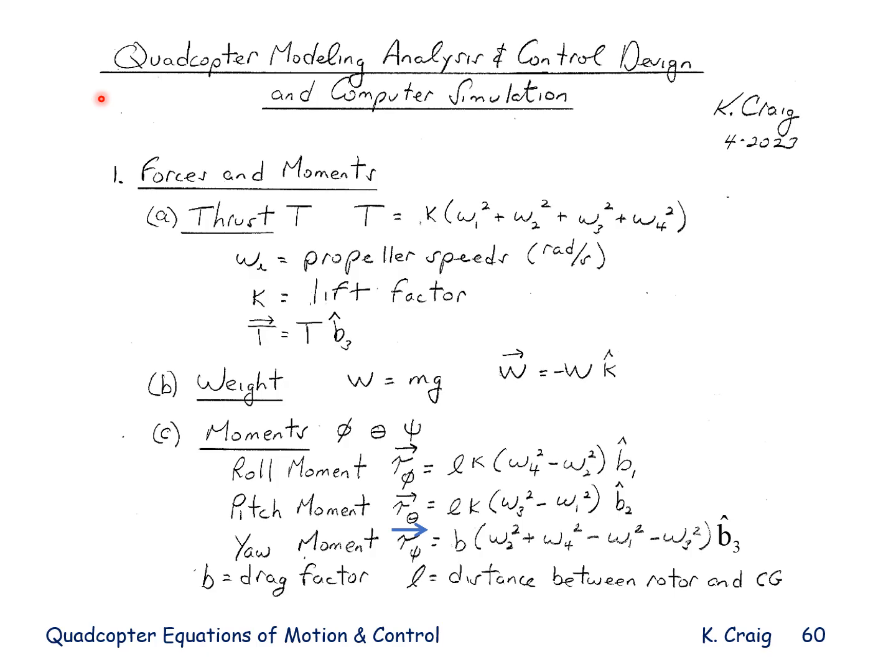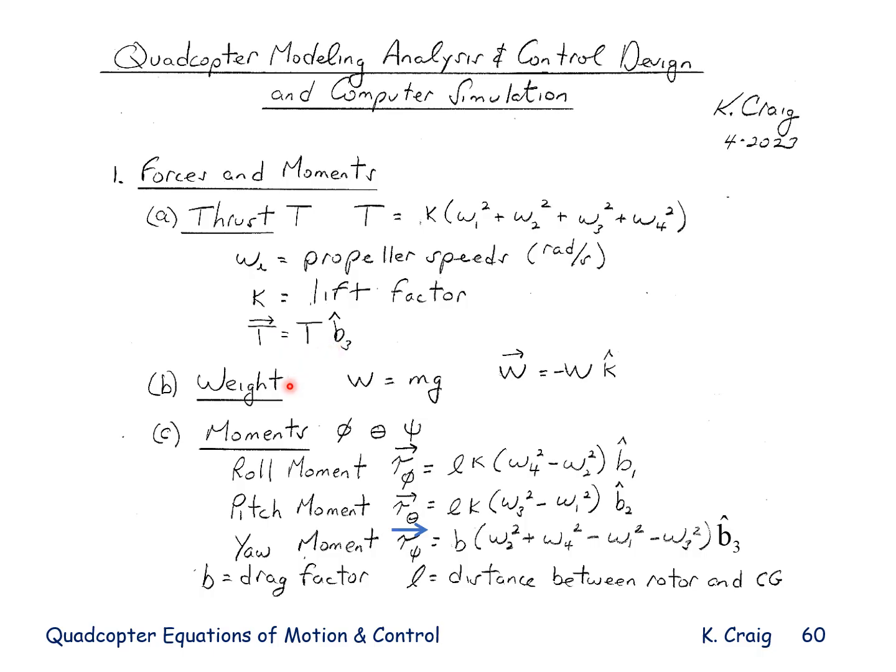Let's now summarize and develop the control design for trajectory following. The forces and moments acting on the quadcopter are the thrust T, given by this expression, where omega_i are the propeller speeds, K is the lift factor, and the thrust vector is in the b3 hat direction.